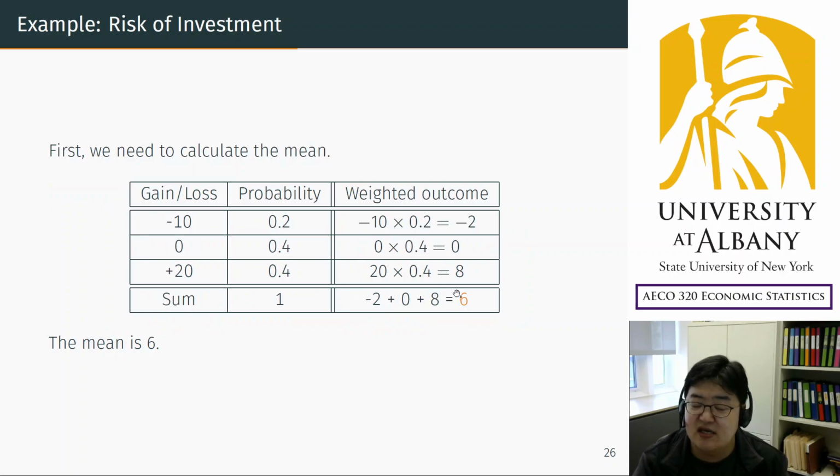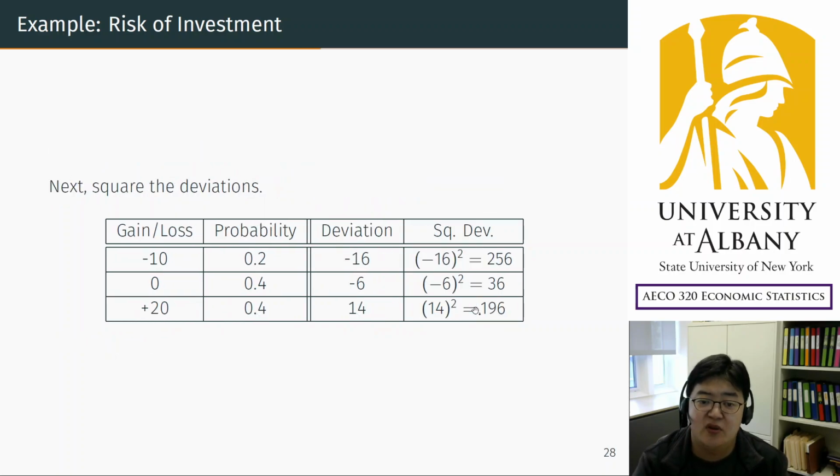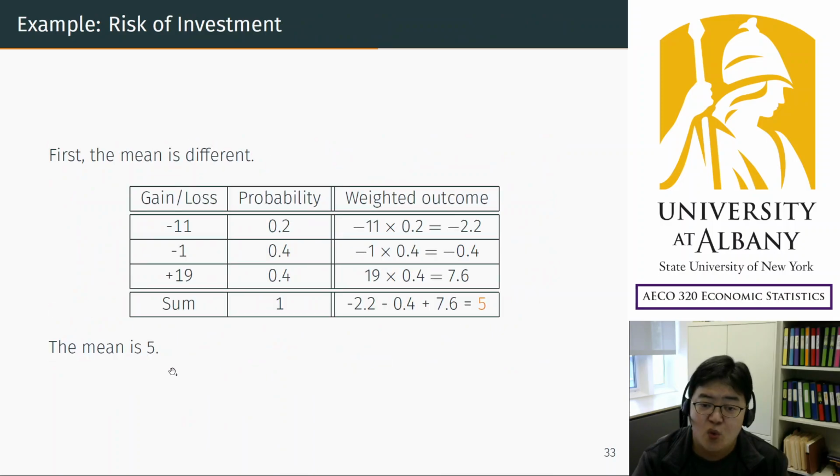The mean was 6 previously, but now it is 5, which is natural because the difference is minus $1. This example is based on the previous one, but I subtracted $1 from the outcome, so the mean is also reduced by $1.